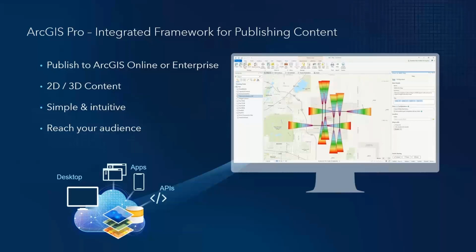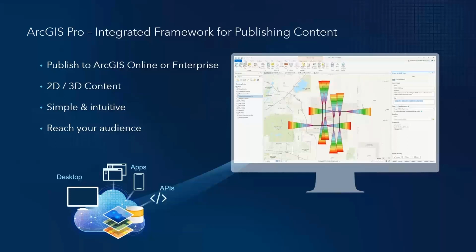ArcGIS Pro is our desktop GIS, and that really allows us to create that 2D and 3D content all in this integrated environment, and then publish that out as web map services or feature services. And then as you get into some of the 3D content, we typically call those web scenes.